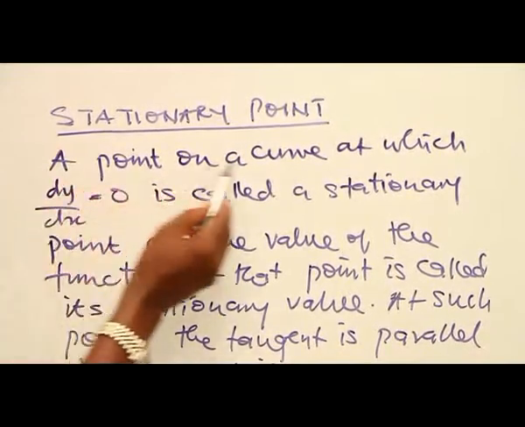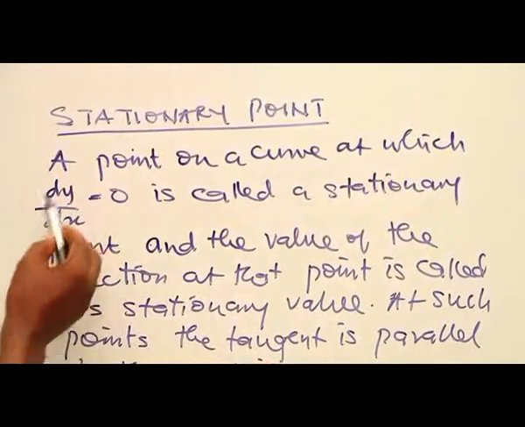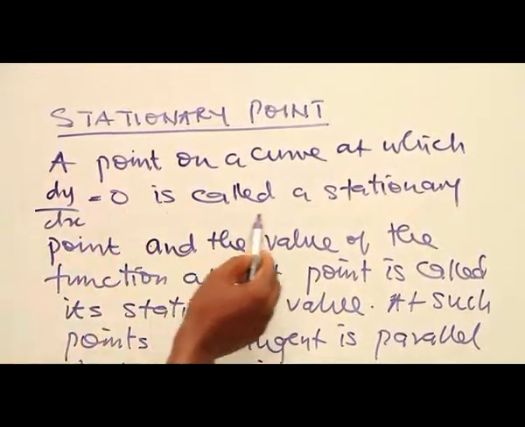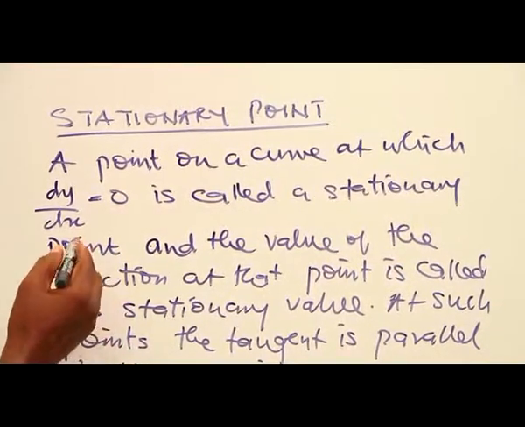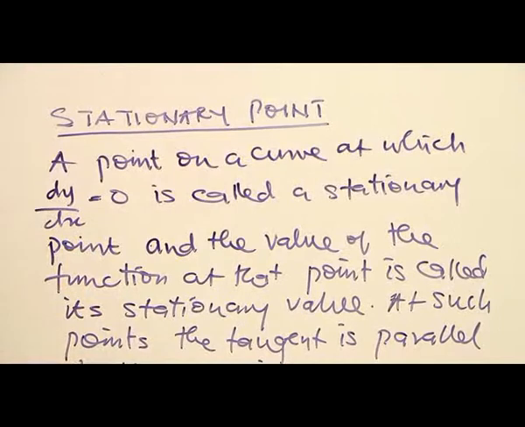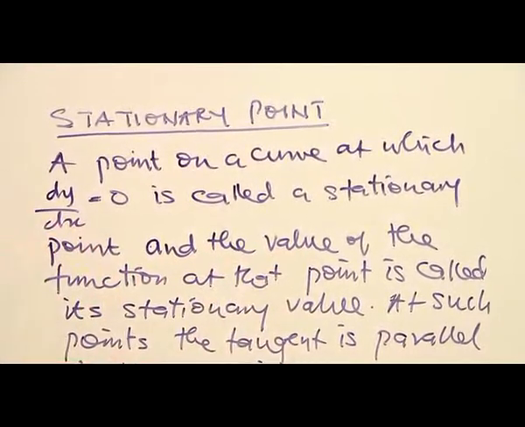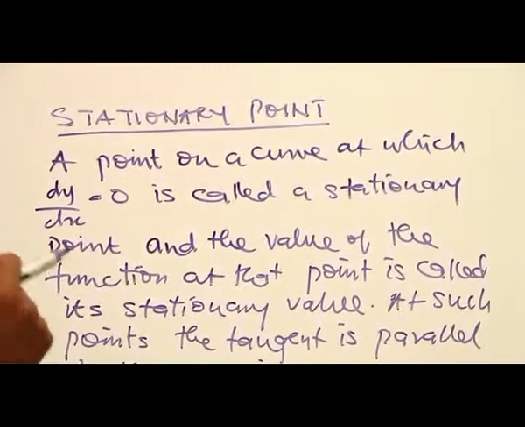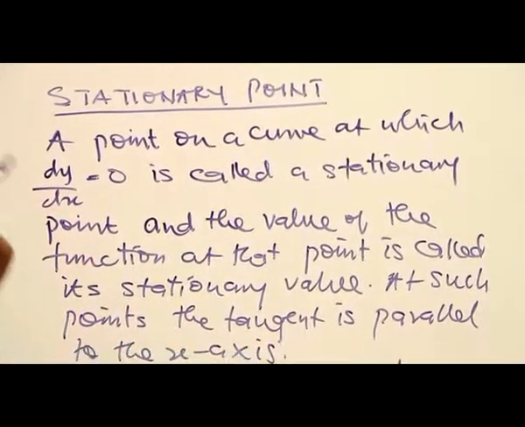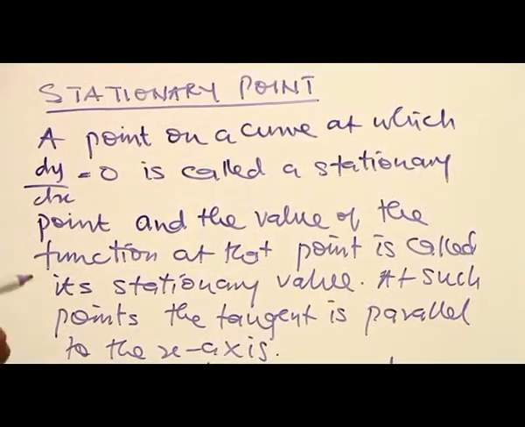So, a point on a curve at which the derivative, that's dy over ds, is equal to 0, is called a stationary point. Remember, at that point, the tangent is equal to 0 because it's a straight line. And the value of the function at that point is called its stationary value. In other words, you get the stationary point, you substitute it in the given function to give you the stationary value.